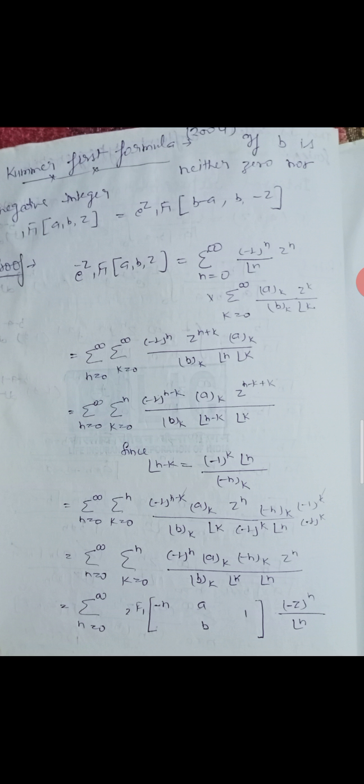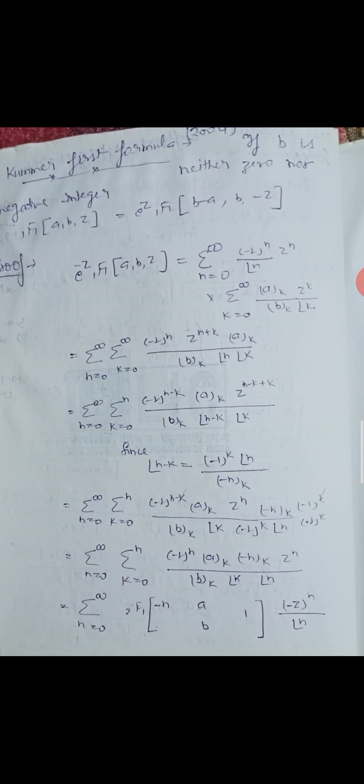Since factorial (n minus k) is equal to (minus 1) to the power k factorial n whole upon (minus n)_k, we get summation n equal to 0 to infinity, summation k equal to 0 to n, (minus 1) to the power n minus k (a)_k z to the power n, (minus n)_k (minus 1) to the power k whole upon (b)_k factorial k, (minus 1) to the power k factorial n.